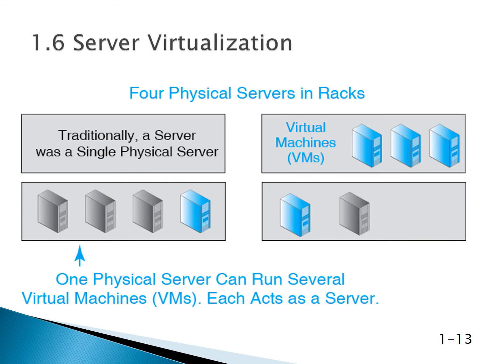So one physical server can run several virtual machines, and each acts as a server. Basically you have one server, but different portions of your computer are running, possibly different OSes, and they can also serve different users. So you can have virtual machines or virtual servers running on one physical server.